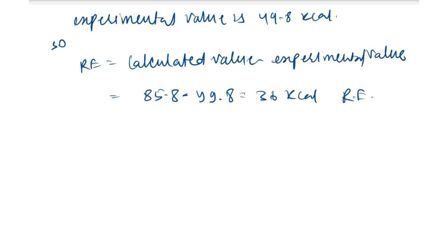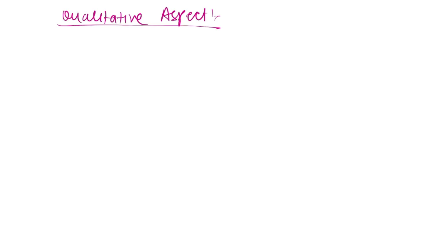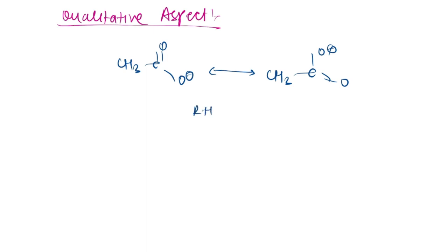Now let's talk about the qualitative aspect, which is quite important. If we talk about the qualitative aspect, first of all we have CH3 C double bond O negative, which is in resonance with CH3 C O negative double bond O, and its resonance hybrid is CH3 C with O delta negative and O delta negative, which is a partial double bond.